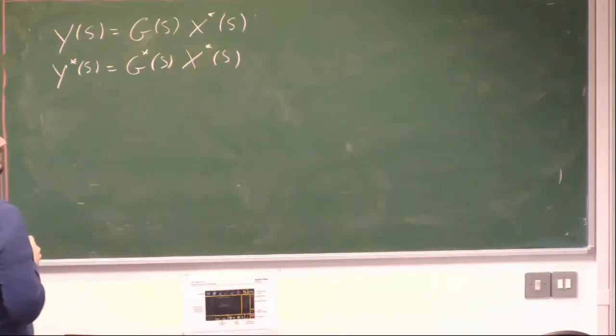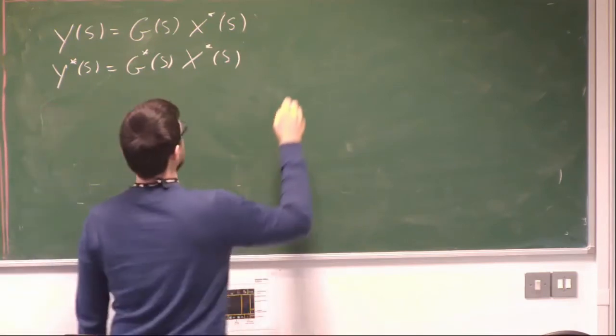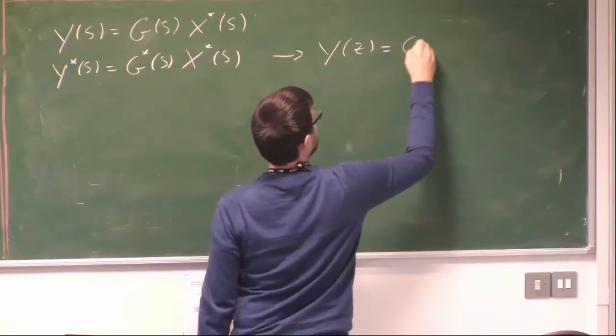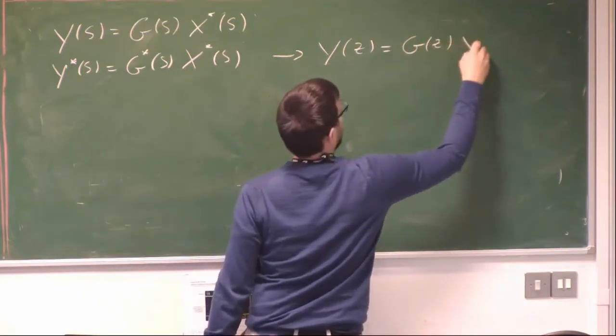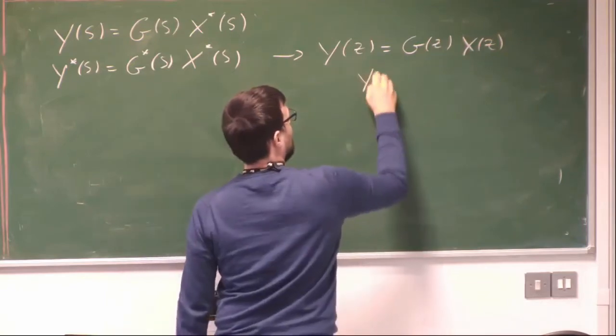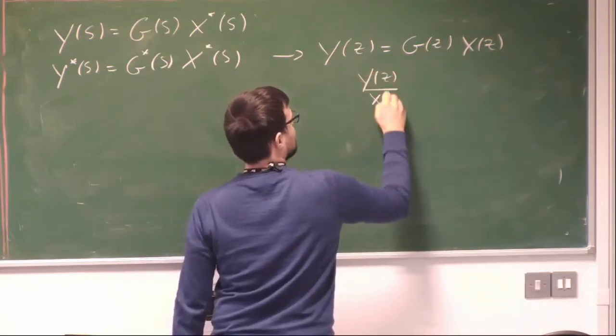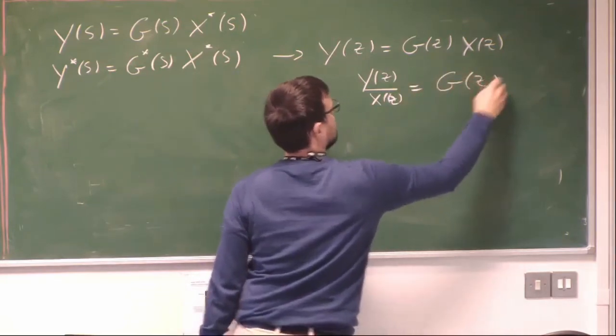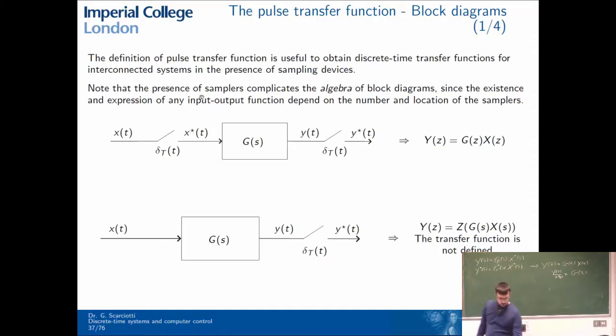Now we can write the z version of this, and this is y(z) equal to g(z) x(z). And we have found that the transfer function y(z) divided by x(z) is equal to g(z). So the transfer function of this block here, of this scheme here, is g(z).